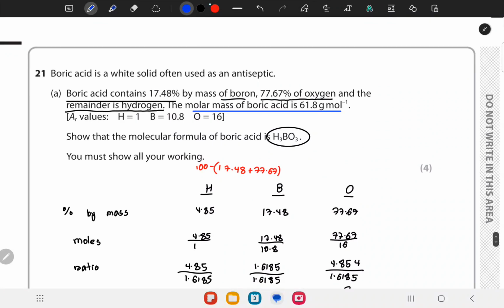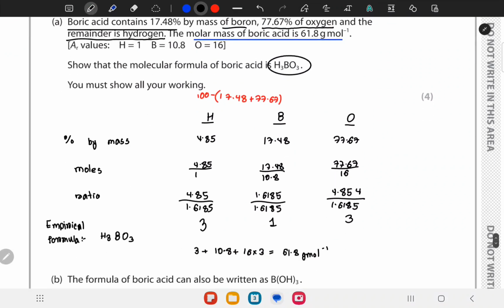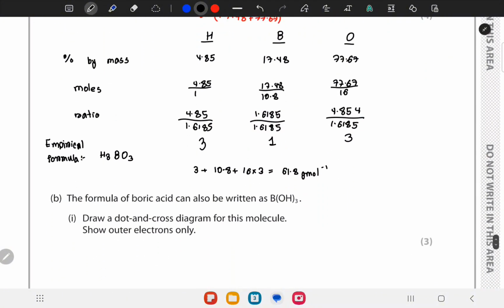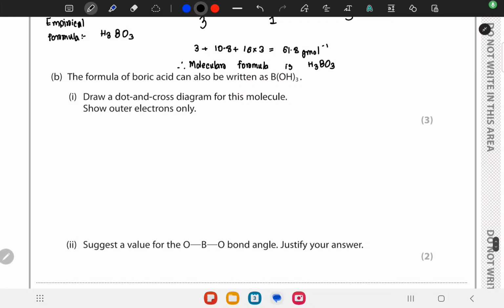As this is equal to the molar mass of boric acid, the molecular formula would be equal to the empirical formula. Therefore, the molecular formula is H3BO3.